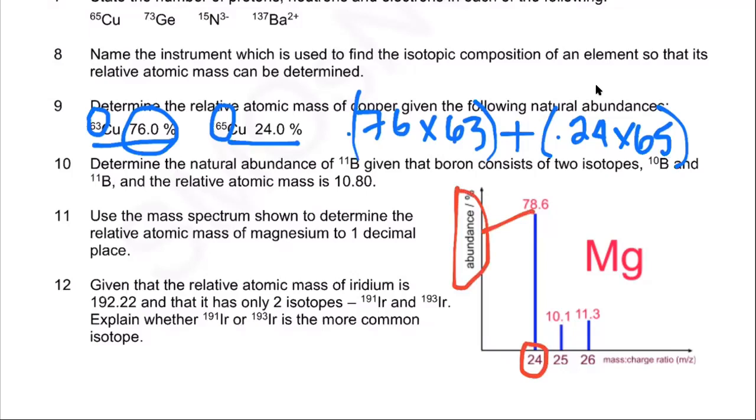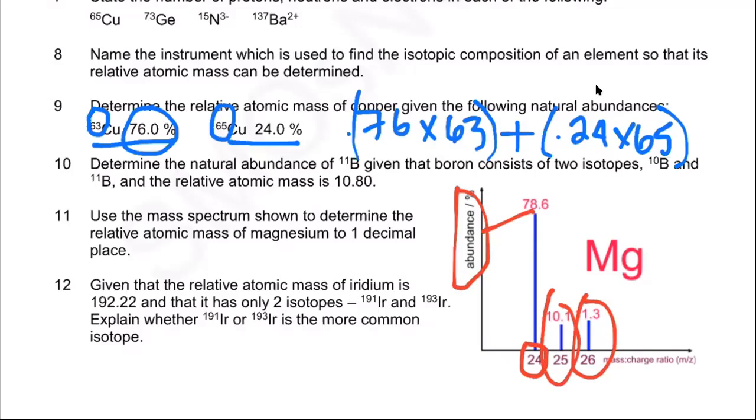And so on this one, I would do 0.786 times 24. And then I would do the same thing for any other isotope. So this graph shows me that there are 3 isotopes for magnesium. Okay. So depending on if they give you the symbols and the percentages, or if they give you the graph like here on the right, you might have to get the data slightly differently, but the process to calculate it is the same way.